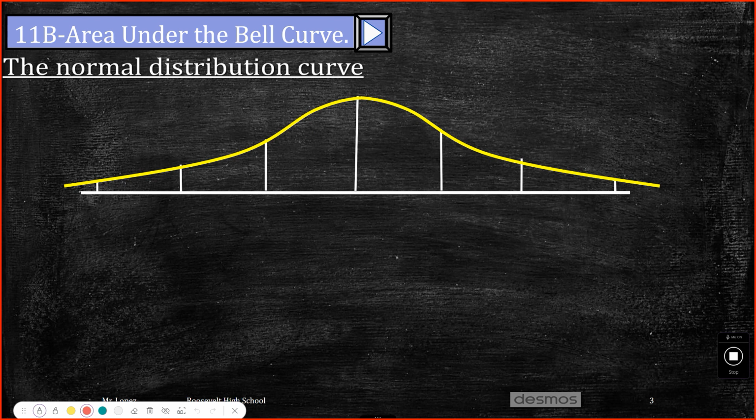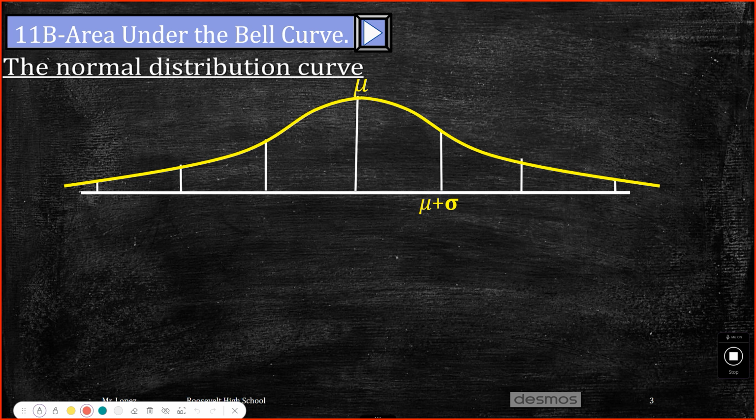And this is what the normal distribution curve says: what your mom told you, that you're special, but more than likely you're average. So the average is whatever the average is. Say for the SATs, the average is right there in the middle.